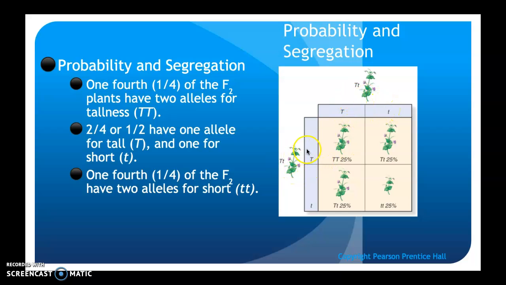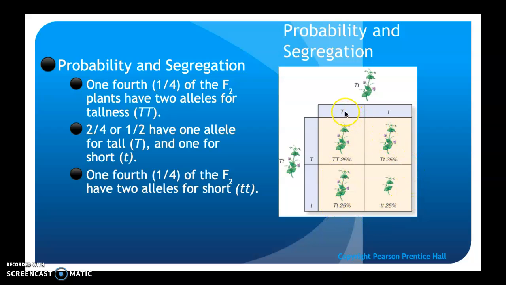And then we combine them. So this is showing if this heterozygous tall pea plant mated with a heterozygous tall pea plant. Yes, plants sexually reproduce. There are male and female components. But anyways, that's beside the point. We can see the possible results of their offspring.